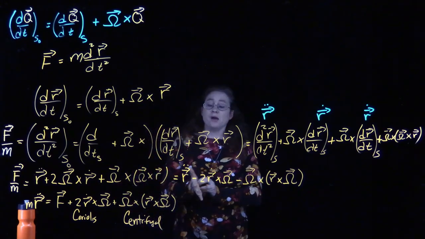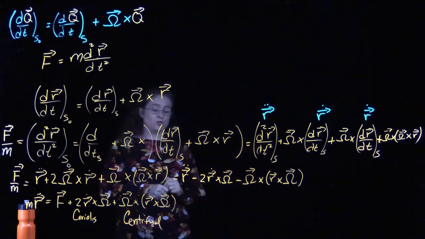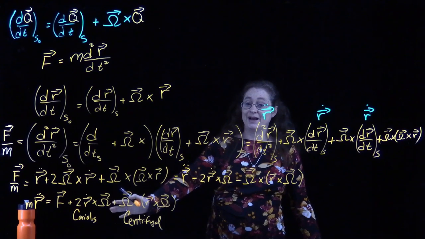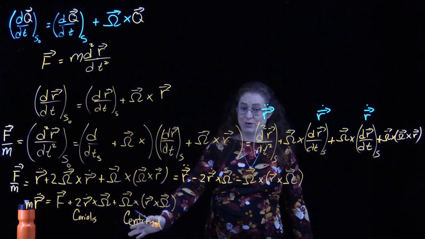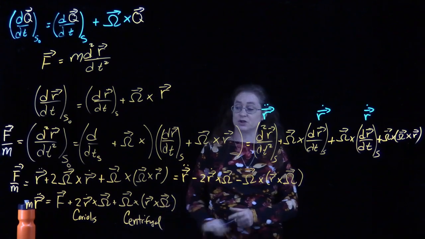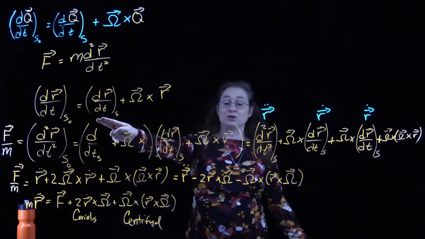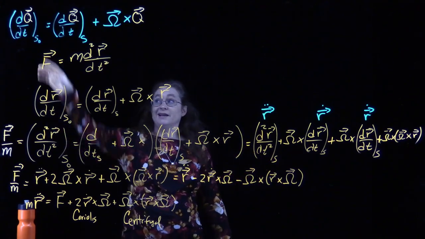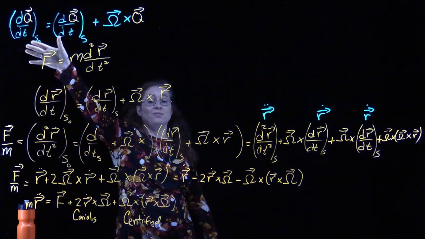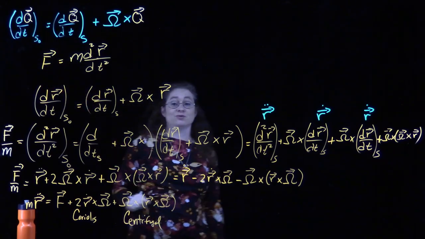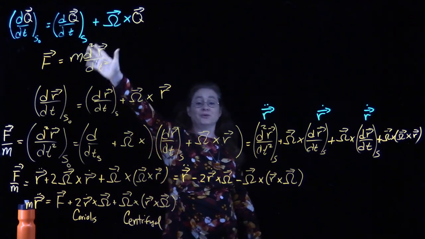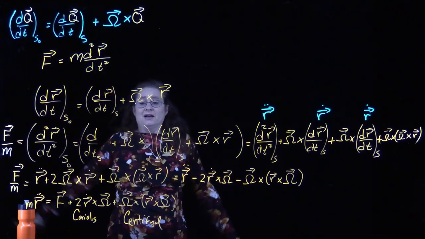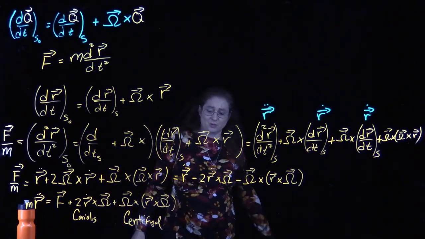So first of all, I want to pause and say, this is intimidating and scary, and that's okay. You don't have to be cool with this. This is a big, ugly equation. Let me also say you could do this in a slightly different way, where instead of writing this as an operator in the inertial reference frame, you write it as an operator in the non-inertial reference frame, and then you get the signs to work out right without having to switch the order of the cross products.